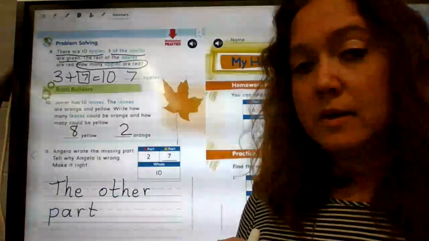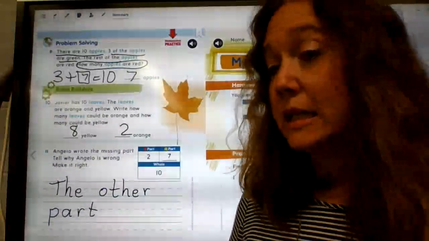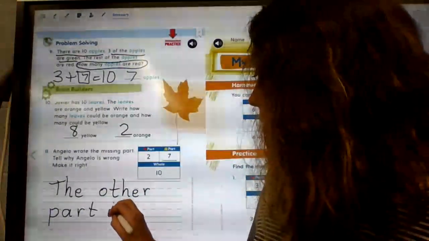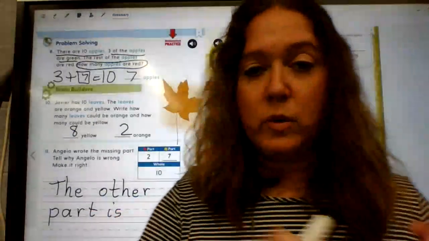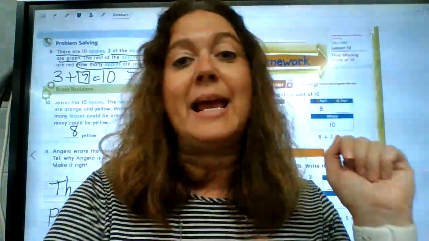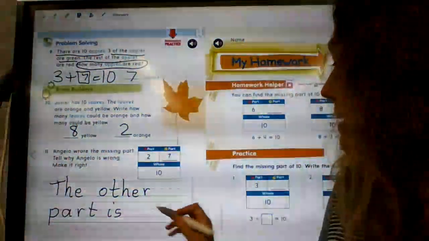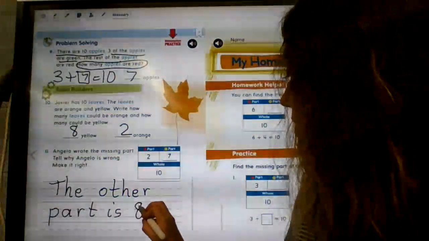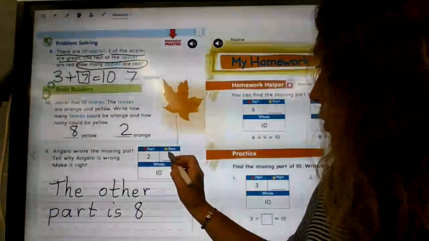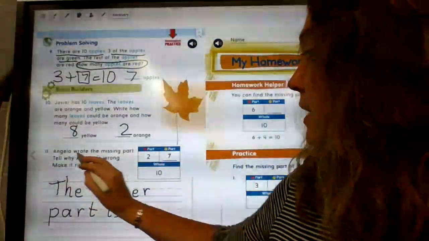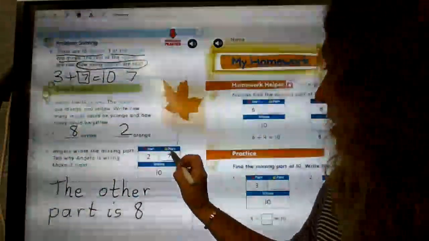The other part is, remember, what did we say? We knew 2. 1, 2. 8. The other part is 8. So I'm going to write over this because it says make it right. I'm going to write over this 8.